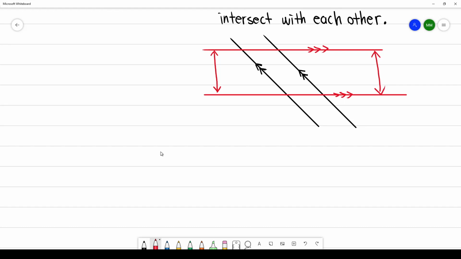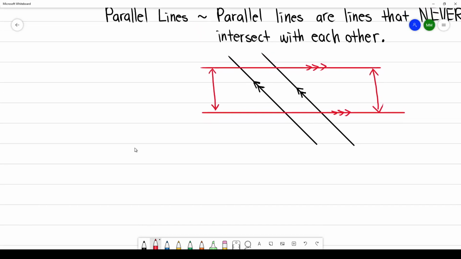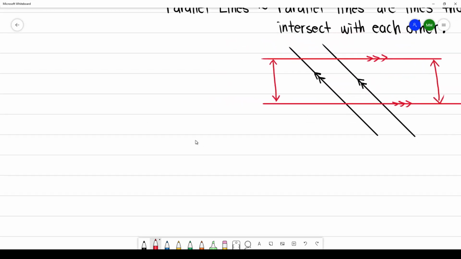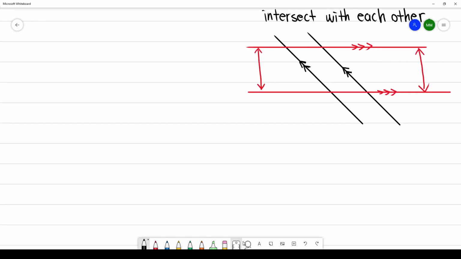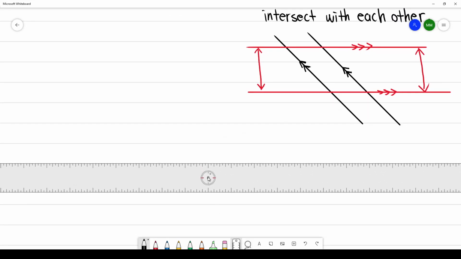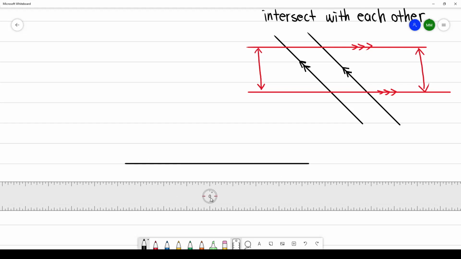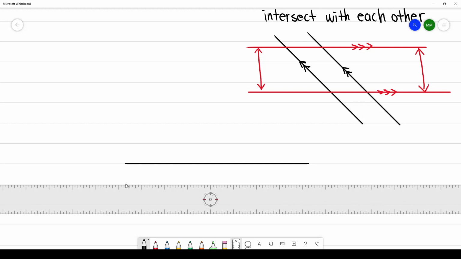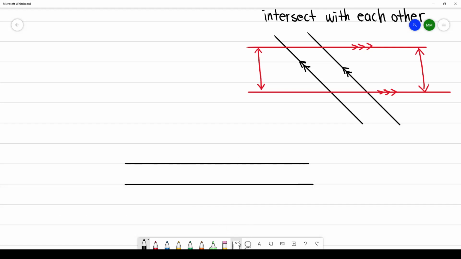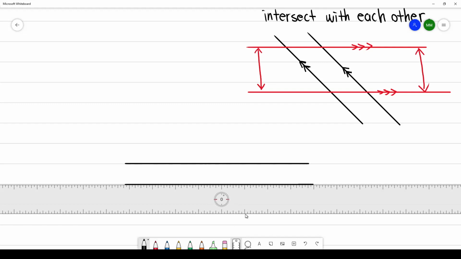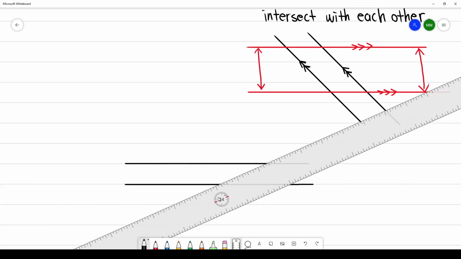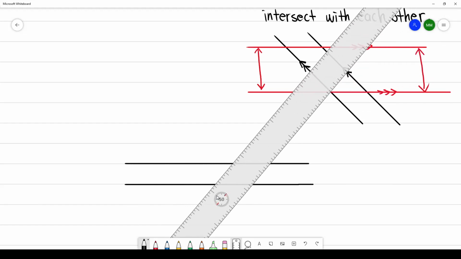So with parallel lines, we can form different angles. Let's say here I have two parallel lines. By themselves, you don't see any angles. But what I can do is draw in a line like this.